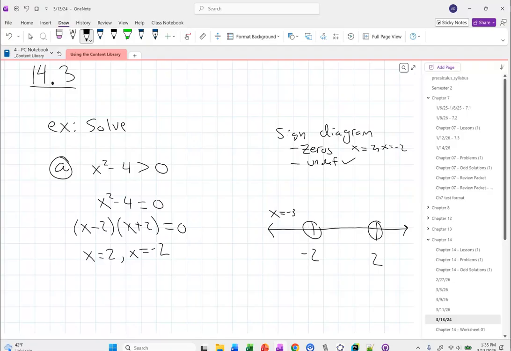I'm going to pick a value between negative 2 and positive 2. I don't know. How about 0? And then something bigger than 2. Maybe 3. Everybody's okay with those quantities I've chosen? Okay. Now I'm going to plug those in to the original function and see what I get.